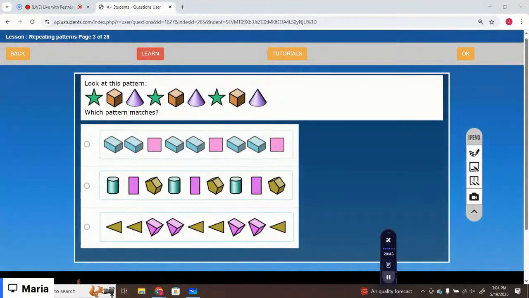That means we have three shapes and they keep repeating their pattern. So the second one is the correct option, that is cylinder, rectangle, and octagon. So actually what is the option? Option number two is the correct option.